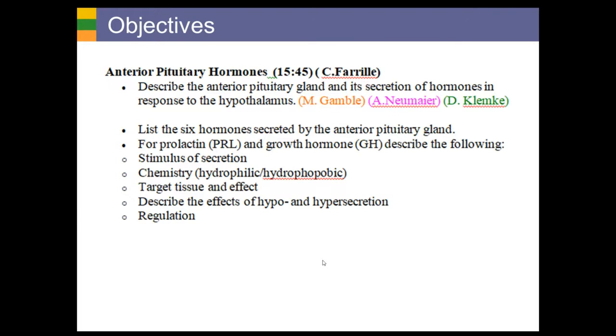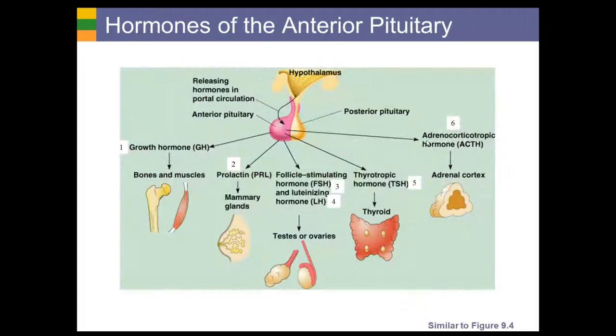It produces 6 hormones, and 4 of those hormones are tropic hormones, and they're related to many of the other hormones that you had to learn about, including thyroid hormones, the sex hormones, the adrenal corticosteroids specifically. So let's talk about those.